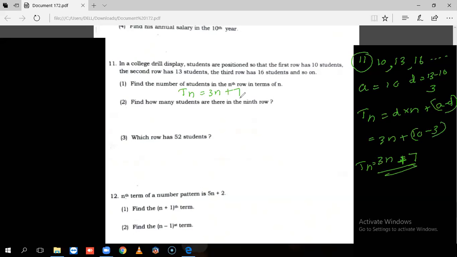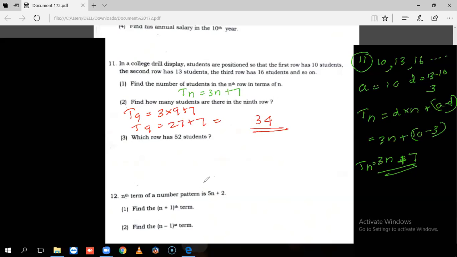Now find how many students are in the 9th row. We have to find T9. T9 equals 3 times 9, 27, plus 7, which is 34. In the 9th row there are 34 students.